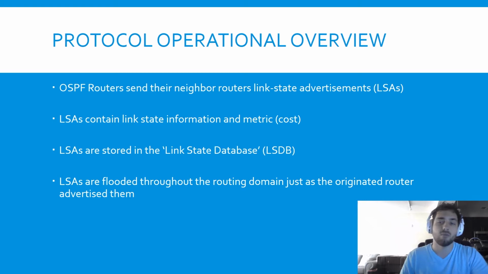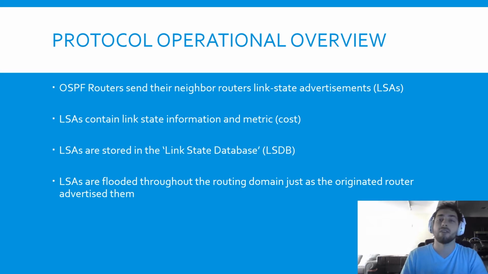The LSAs, which are descriptions of the links connected to the router, are stored in a database known as the link state database. These LSAs are flooded throughout the OSPF domain, just as the originating router sent them. Remember that a router does not modify the LSAs it receives. If it advertises an LSA it receives, it does so just as the original router advertised it.